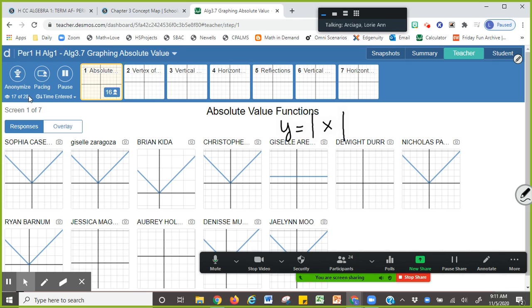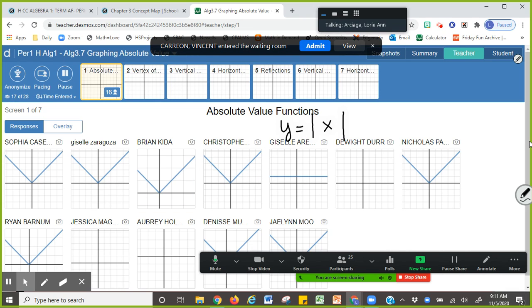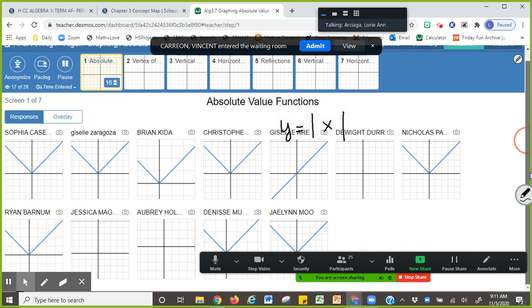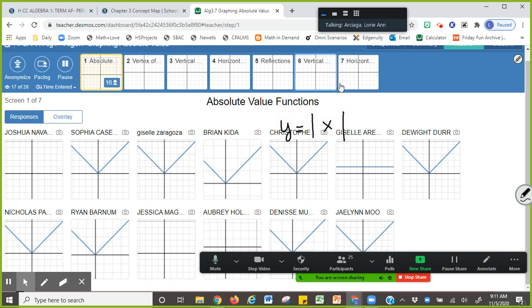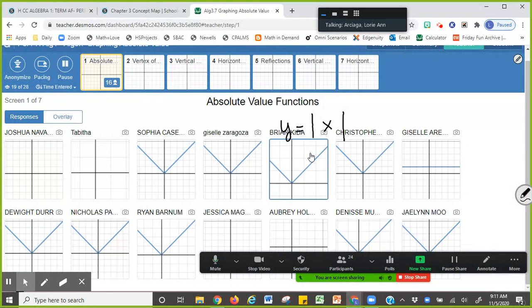So y equals absolute value of x. Okay. If you need to find the bars, they can be found, I think, in a Chromebook underneath the backspace key.